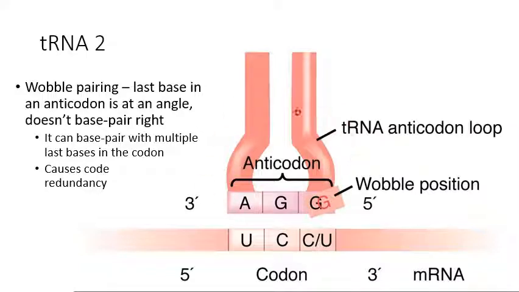So this is what gives rise to the code redundancy and the conservative properties of the genetic code, where you can have different codons all coding for the same amino acid, and the difference between them would always be the last position, the last nucleotide in the codon.